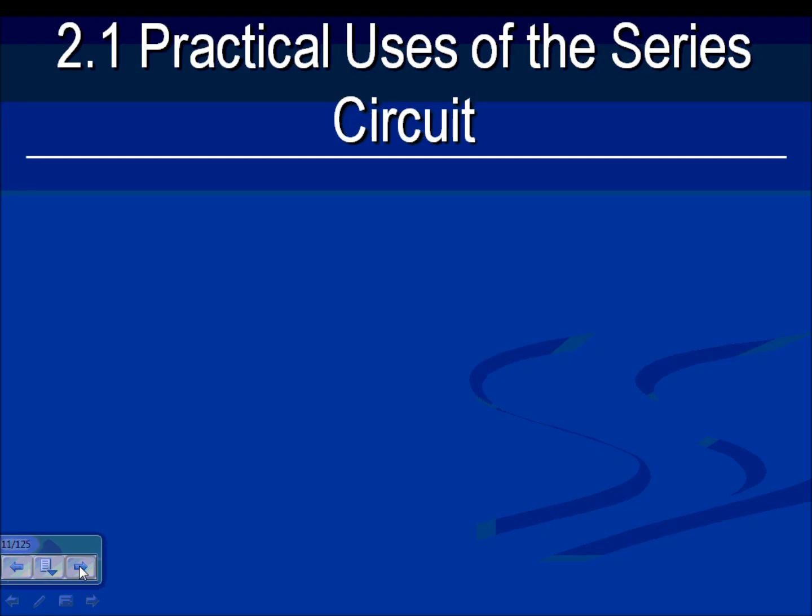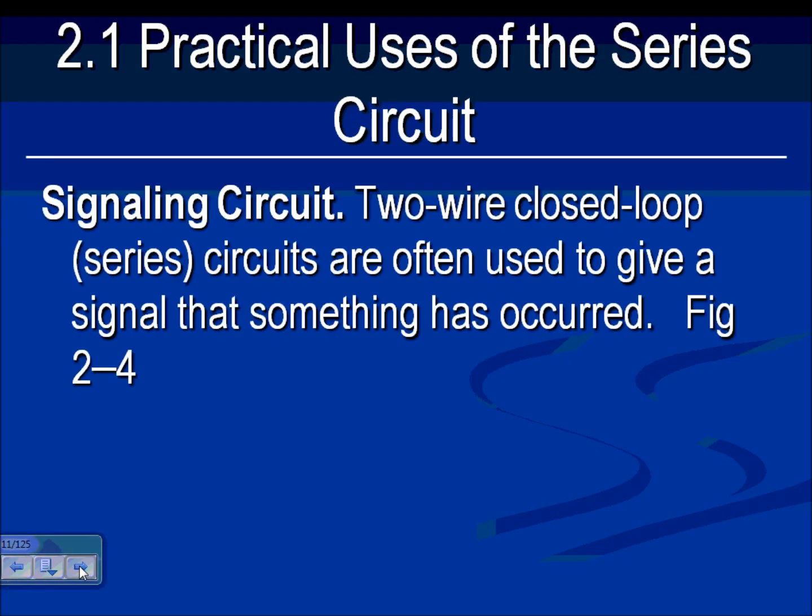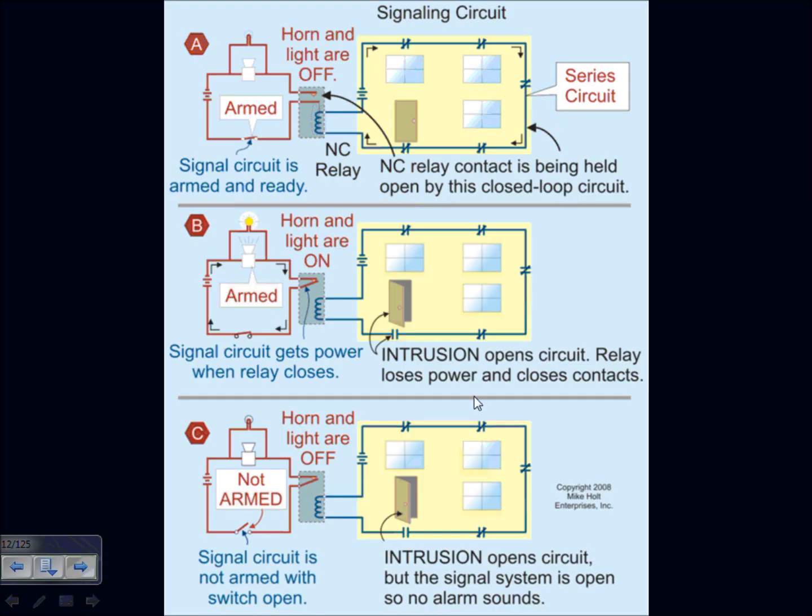So, practical application: signal circuits. Another good application of a series circuit. If you guys are looking at a signal circuit or a security system, and I have all these contacts, I want you guys to look at all these contacts: 1, 2, 3, 4, 5.